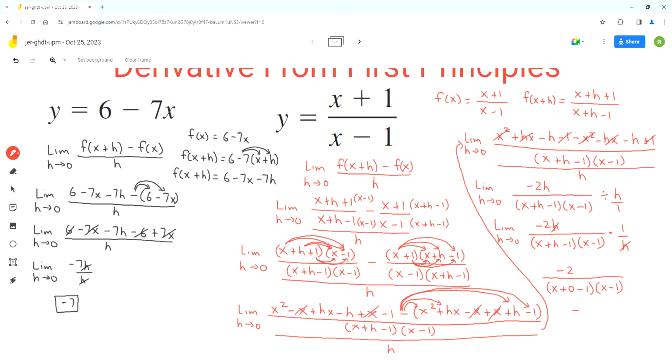So we are left with just negative 2 over x minus 1 times x minus 1, which can be simplified to just negative 2 over x minus 1 squared. So this should be the final answer for the derivative of this given function.